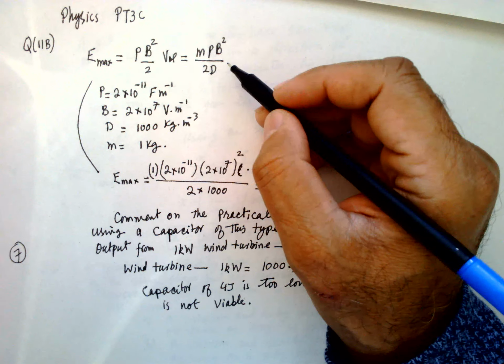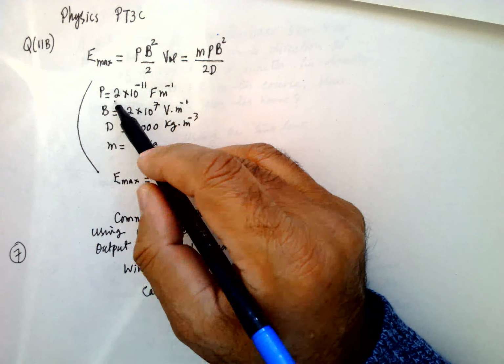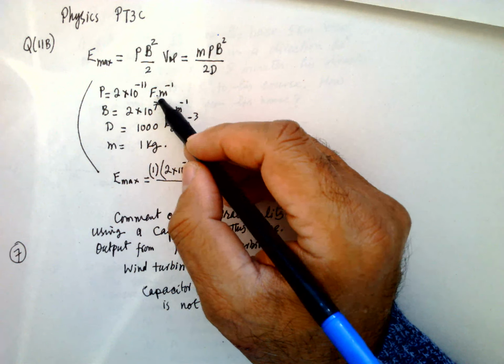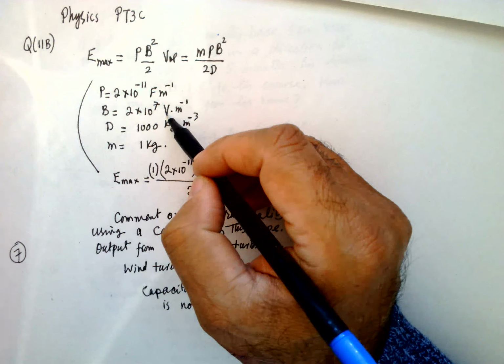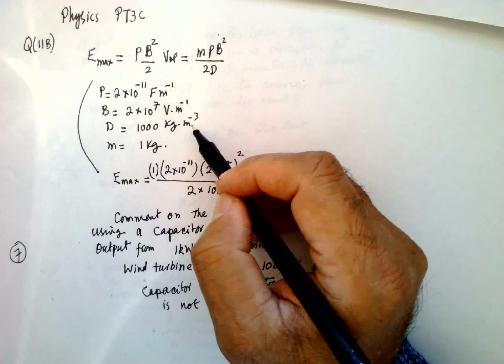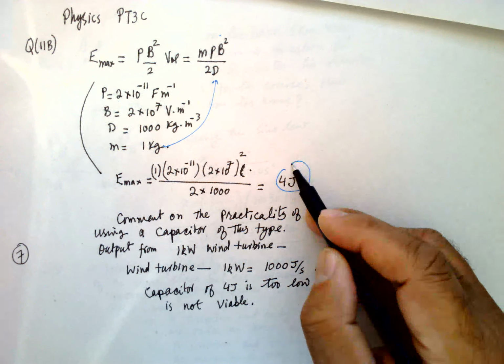So this depends upon B and D. If P is given as 2 into 10 power minus 11 farad per meter, B is given as 2 into 10 power 7 volt per meter, D is given as 1000 kilogram per meter cube, just water. So M is equal to 1 kg. So E, the maximum breakdown energy, if you substitute all the values, is equal to 4 joule.